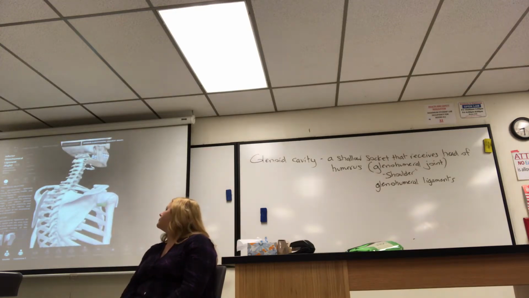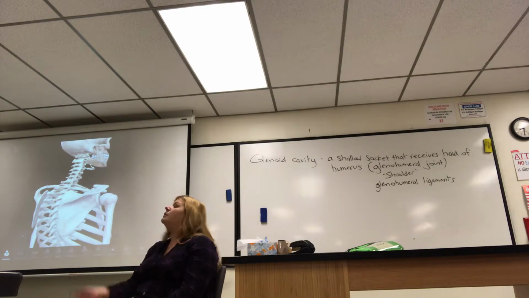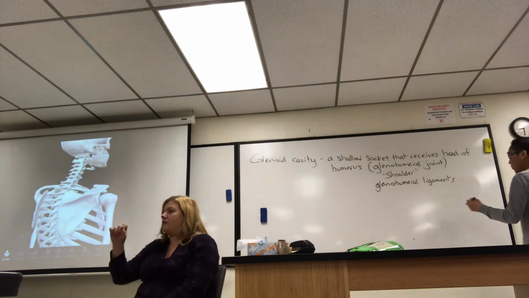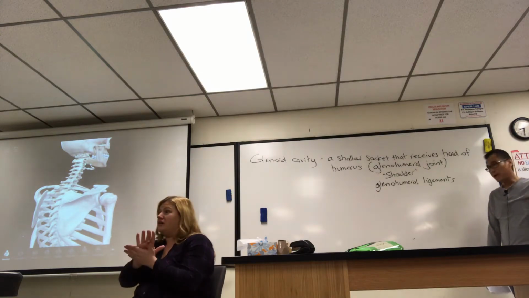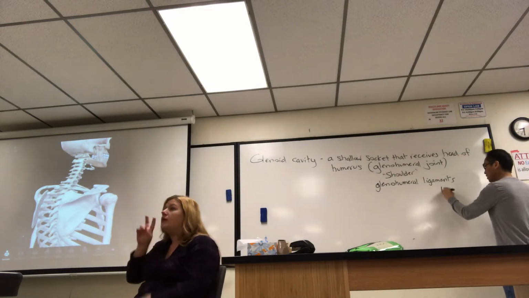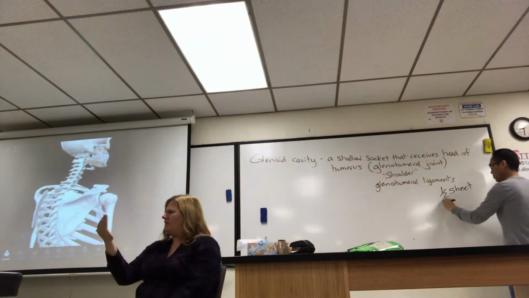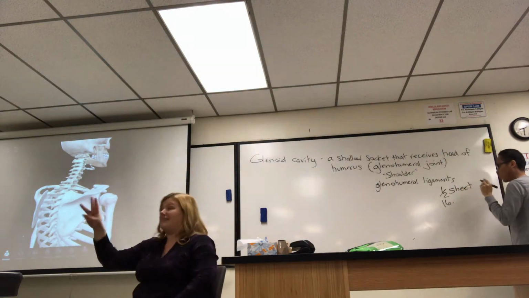I think a good thing to do is to keep track of all these three shoulder joints. So I'll just say on your half sheet that you're supposed to turn in, that you kept from the day before yesterday to today, you got up to number 15, is that correct? So for number 16, name three joints of the shoulder.